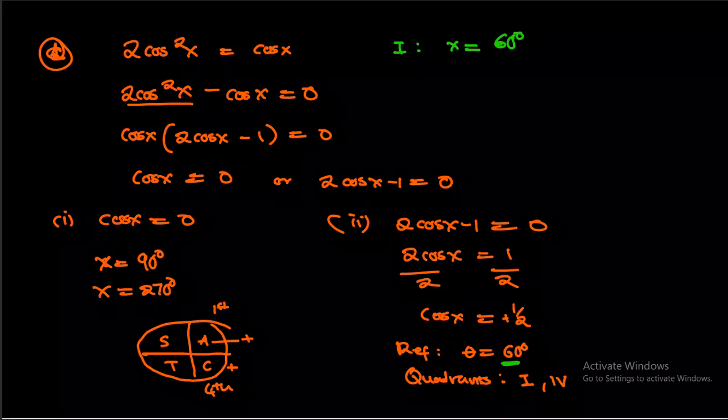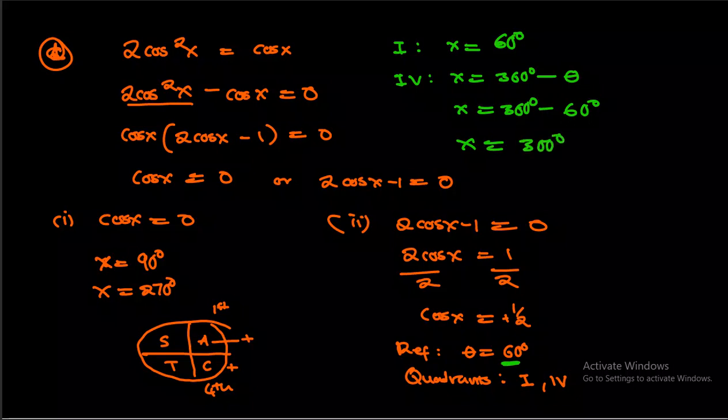So now what is going to happen in the fourth quadrant? In the fourth quadrant, the value of x is equal to 360 minus the reference angle. So x is equal to 360 minus 60, so the value of x is 300 degrees.